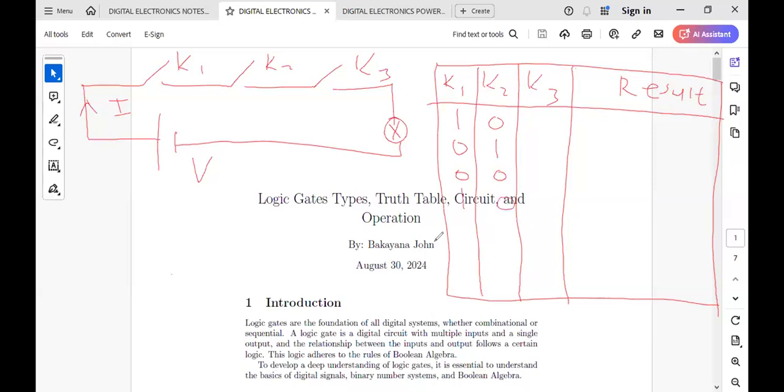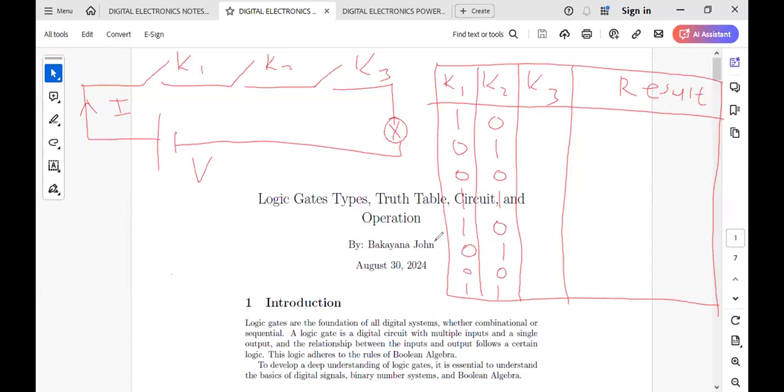Then I repeat the pattern. I began with 1, 0, then next was 0, 1, and then 0, 0, and then 0, 0, and what? I think this was a mistake. That was supposed to be a 1. Is that okay?